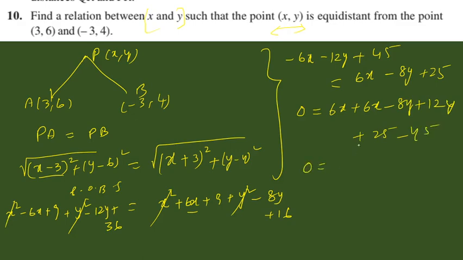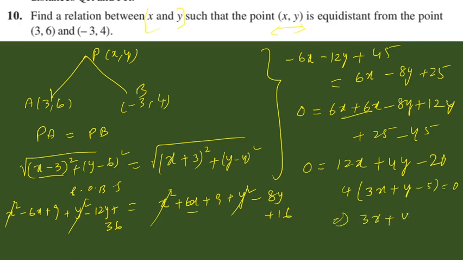Now what is 0 equal to right now? This is 12x plus 4y minus 20. I can take 4 common here. So I get 3x plus y minus 5. So finally your relation is 3x plus y minus 5 equal to 0. That's all.